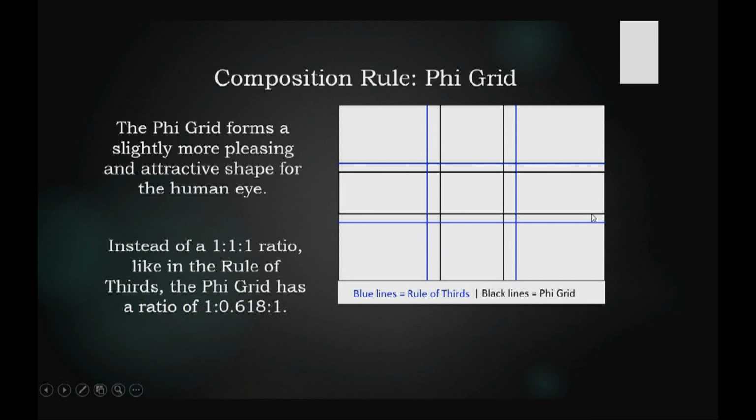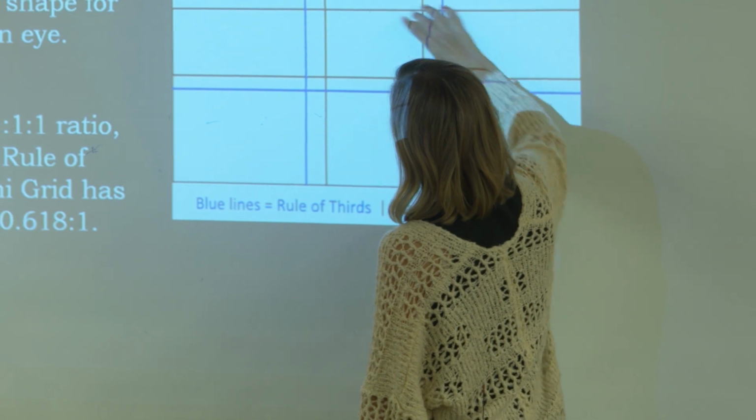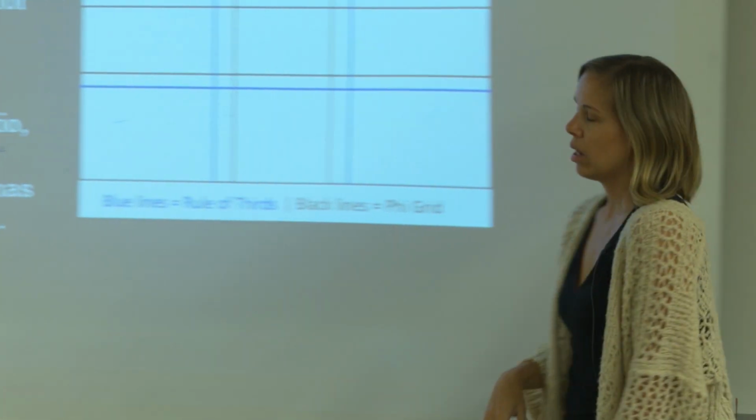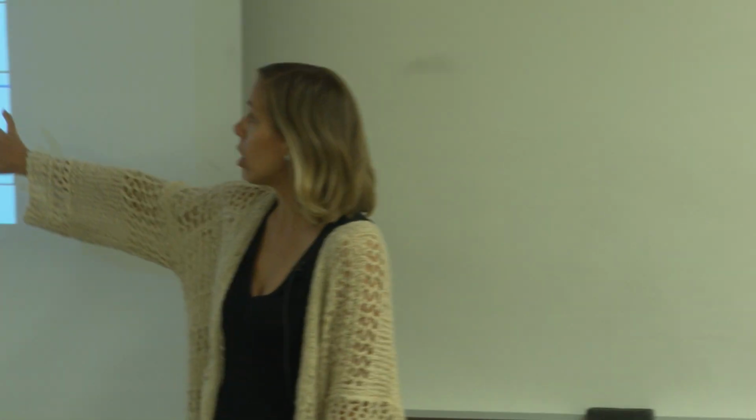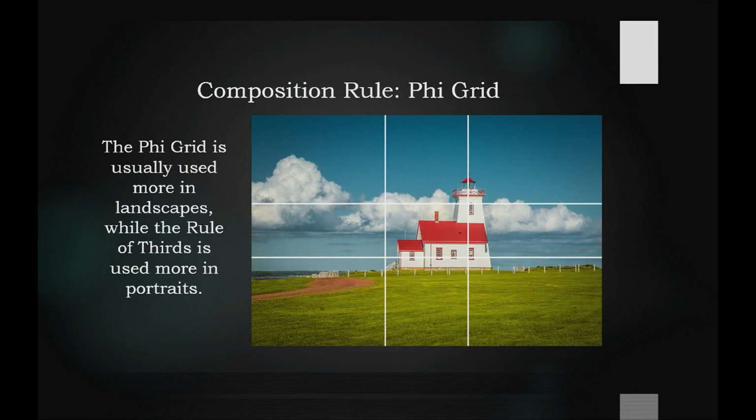So the next one, the phi grid, looks a lot like the rule of thirds, except now we're using a 1 to about 0.618 to 1 ratio. So you can see that these black lines right here would be the phi grid. These middle lines here are smaller.